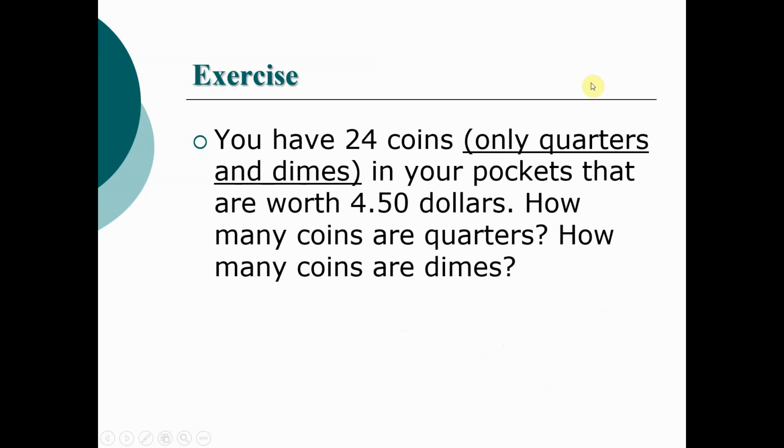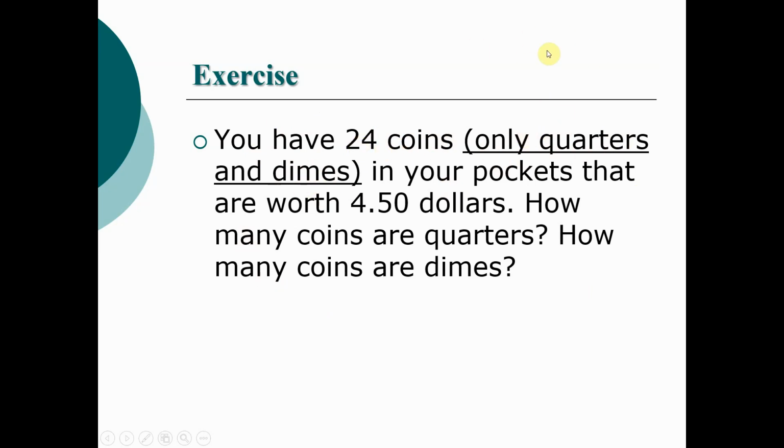Okay, so again, here first you have to find your equations. So you have only quarters and dimes. You have 24 of them. If you call this one q and this one d, q plus d is equal to 24.